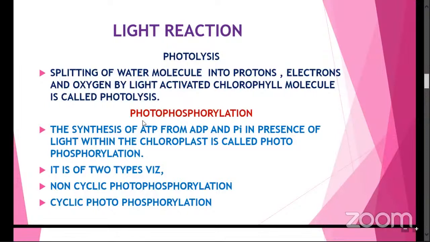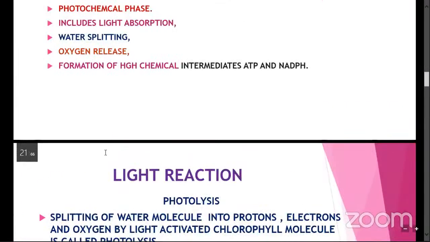That's why it is defined as photophosphorylation. Phosphorylation means synthesis of ATP, and that is happening in the presence of light, so it is called photophosphorylation. And why is it needed during this light reaction? We discussed it just now in the previous slide.